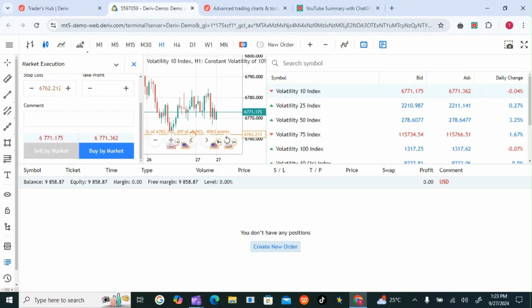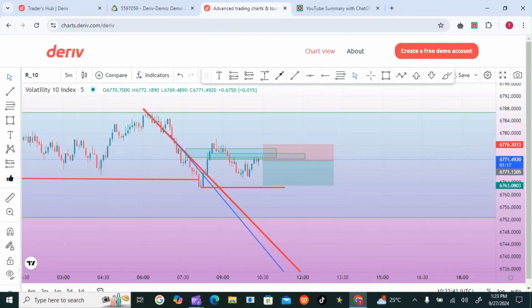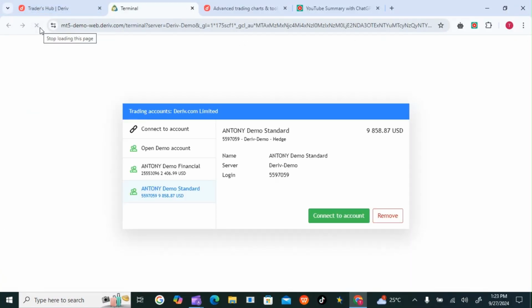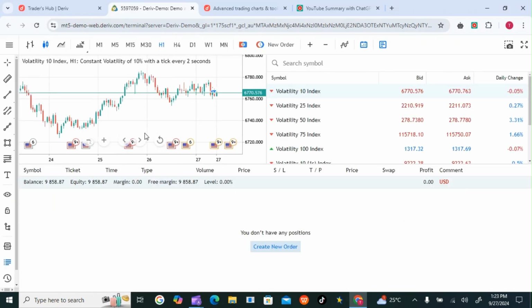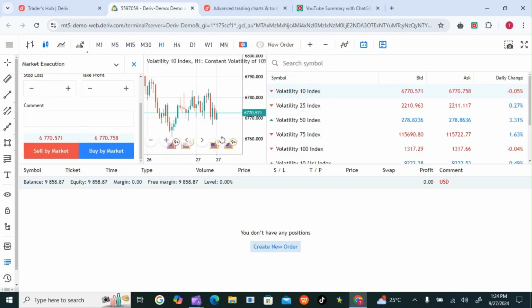You can see the market wants a zone to sell, the direction is obvious. It is not a buy, it's a sell. So let me refresh my terminal, maybe that could be the issue. Let me try again, because I want to sell here.